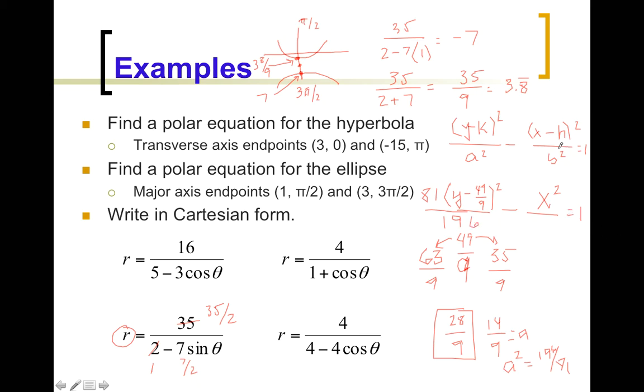Now I got to figure out B squared. Well, B squared is going to be that kind of ugly stuff to find. And B squared is found using A squared and C squared. Oh, man, looks like math is going to be ugly. So we know that C squared is equal to A squared plus B squared. C is the distance from center to focus. Well, that's 49 over 9. That's C, actually. So C squared is a really ugly 2401 over 81.